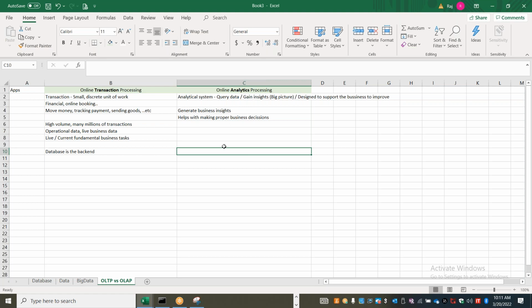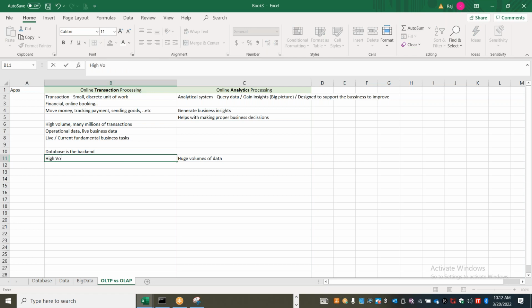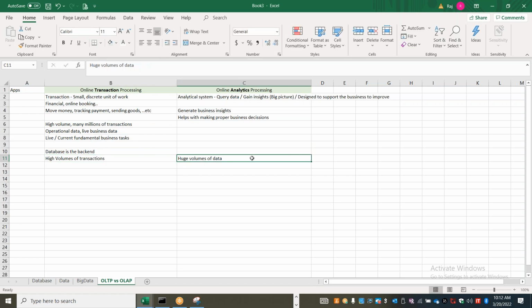So OLAP will deal with a huge volume of data. But that is different from high volume of data, and people might get slightly confused. Here we are talking about 1,000 tickets getting booked in a second, in a sub-second. There, we are talking about analyzing 100 terabytes or 100 petabytes of data. That is different.